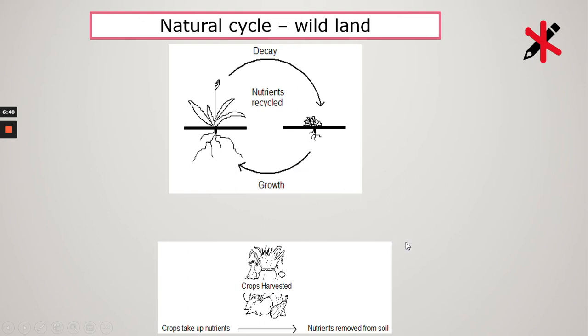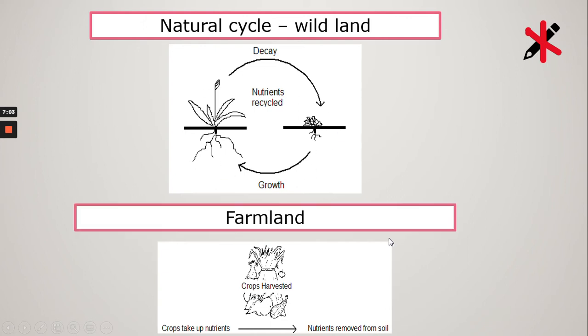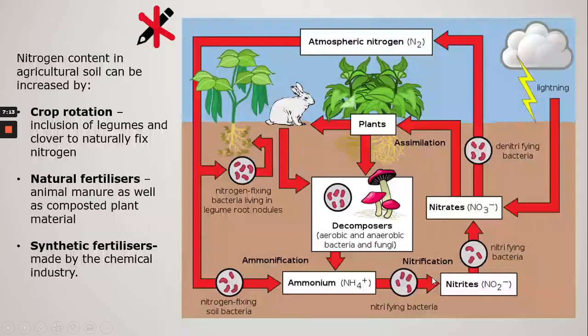But when we harvest crops, when we farm farmland, the crops are taking up these nutrients, but then we're removing them from the soil, so those nutrients are not getting recycled back into the soil, and so the soil can become depleted in nutrients in farmlands. And that's why when you're farming or gardening or whatever it is that you're doing, you often need to add fertiliser.